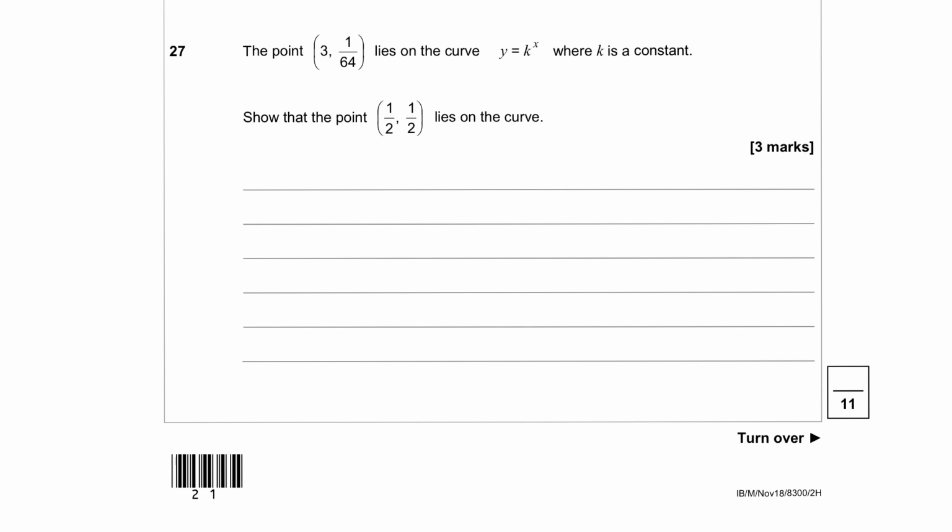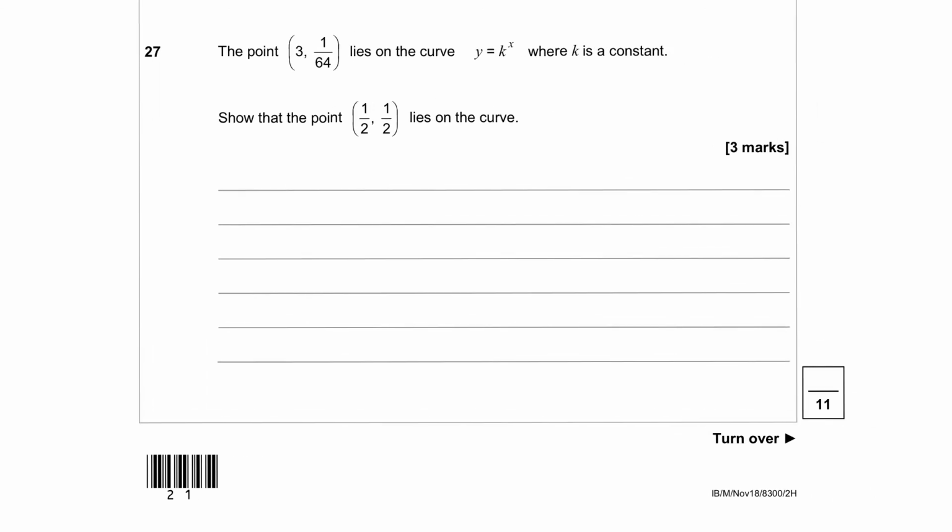By doing that, we're going to substitute the point that we have up here. So our y value 1 over 64 is equal to k to the power of 3. To work out what k is, we're going to work out the cube root of 1 over 64. Put that into your calculator, or you can work it out. That would be a quarter. So we know k is equal to a quarter. So essentially, it's y is equal to a quarter to the power of x.